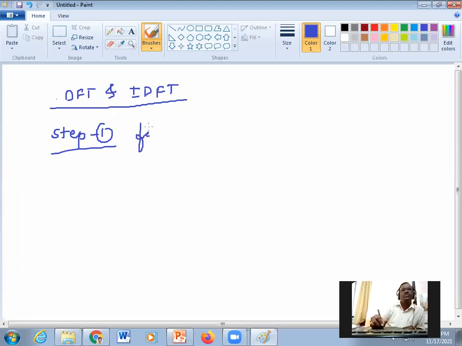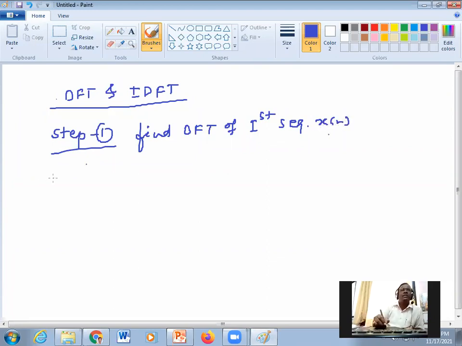Step 1 is find DFT. DFT of the first sequence. Whatever the notation may be, x of n, y of n, h of n, x of k, whatever it is. First sequence, let us take x of n.